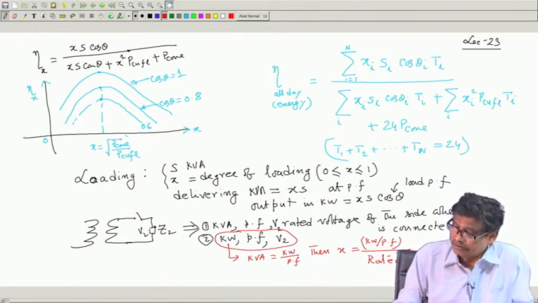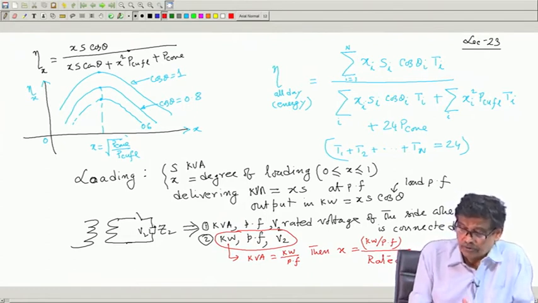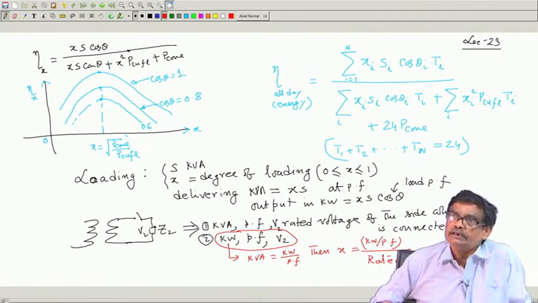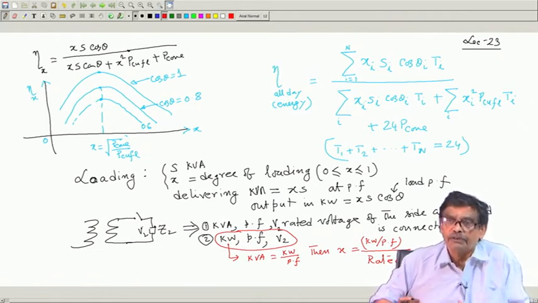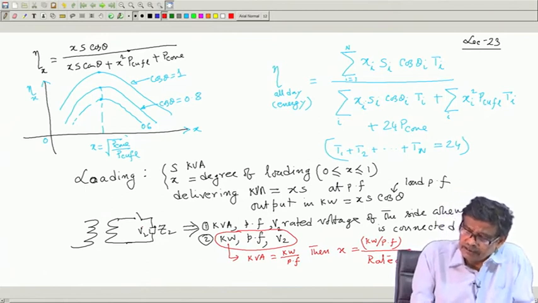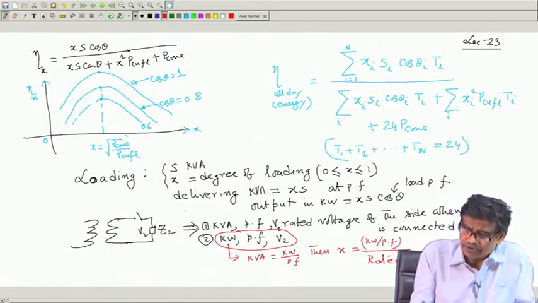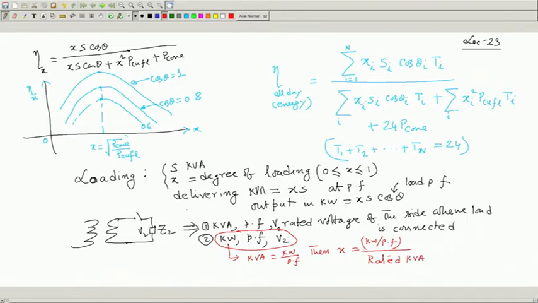But you must remember this load is not specified in terms of an explicit value of Z2. How will it be specified? I will say the load consumes so much kVA at this much power factor at this much voltage. From this I will be able to calculate Z2, but I will not do that, because to calculate efficiency I do not require Z2.